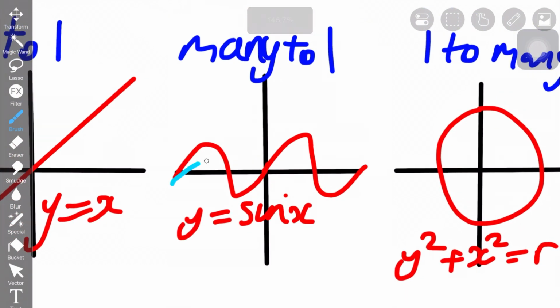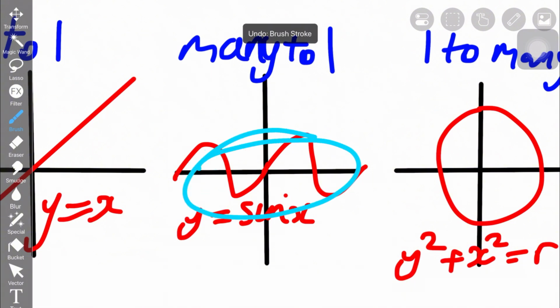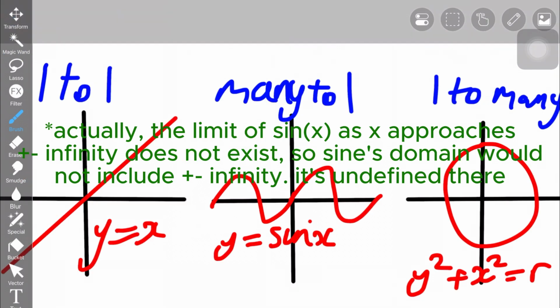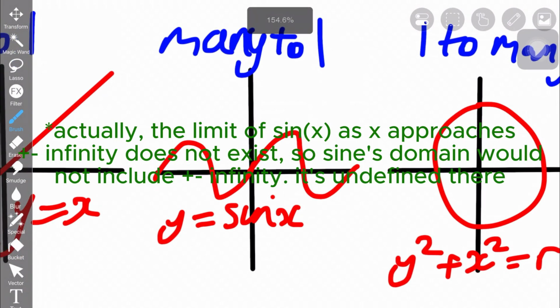Well, this can take in basically any real number, okay? Sine of x has a value for every real number, from negative infinity to positive infinity, it's all defined. So the domain of the mapping y equals sine of x is all real numbers, because you can have any real number as an input and still get a valid output.